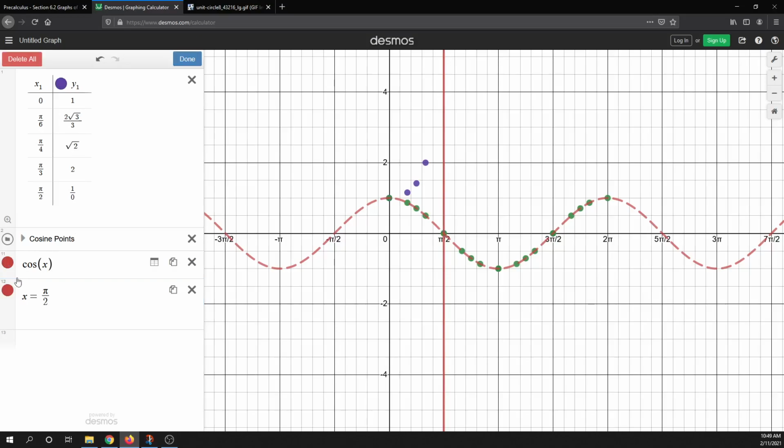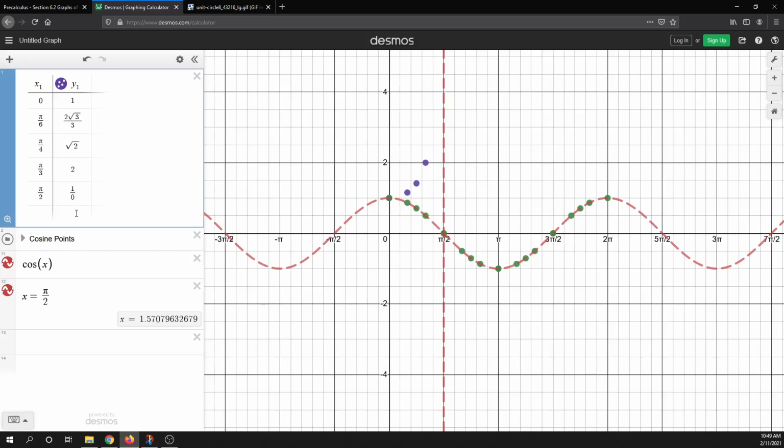Again, I'm going to draw that as a dashed line, and that's going to be true at every place where the cosine is 0. So every place where the cosine crosses the x-axis, the secant will be undefined, and the secant will have a vertical asymptote at that point.